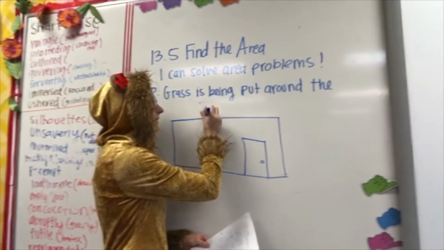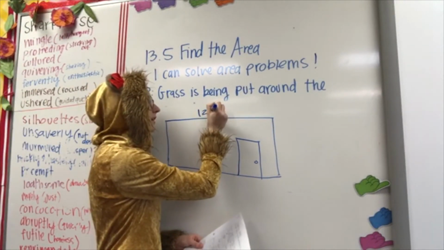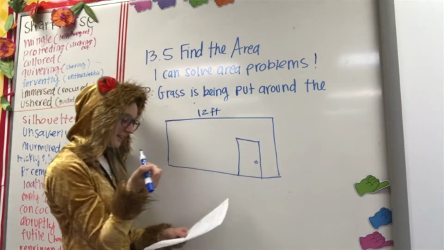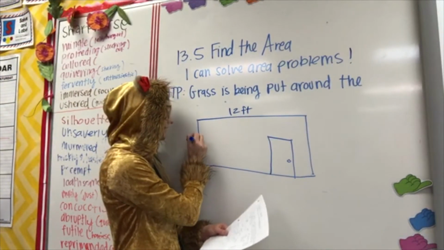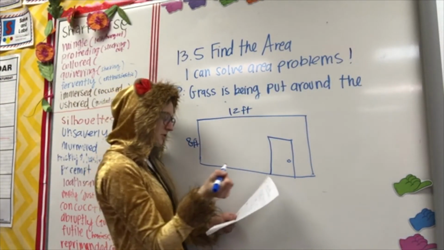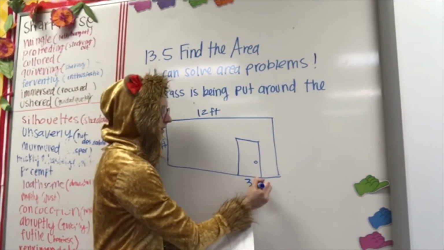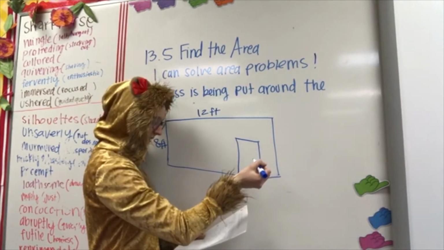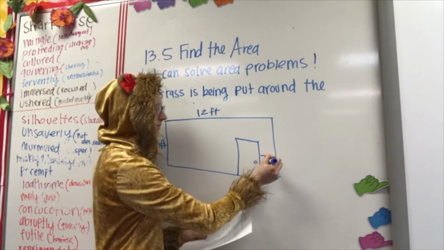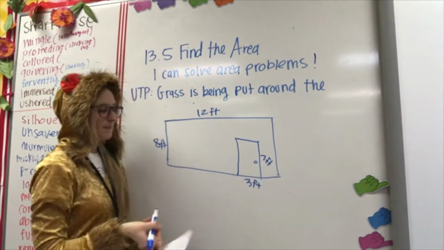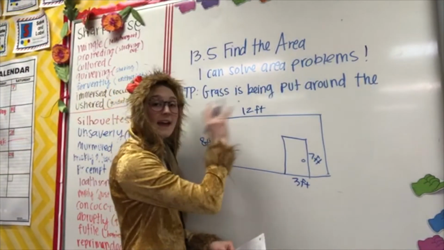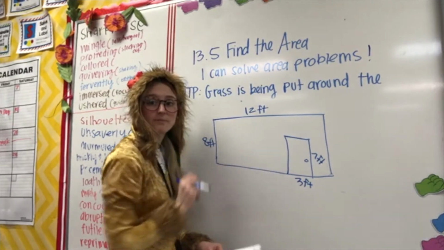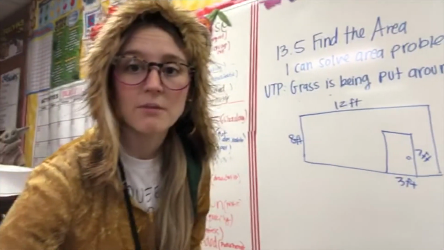So this is 12 feet. The height is 8 feet. The door is 3 feet wide and the height is 7 feet. Okay, so we want to paint everything except the door, right? So we want to make sure that we have enough.